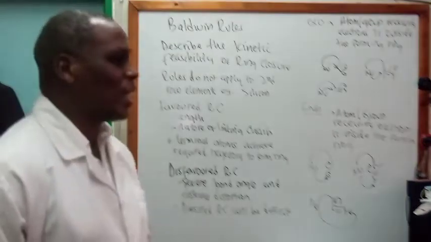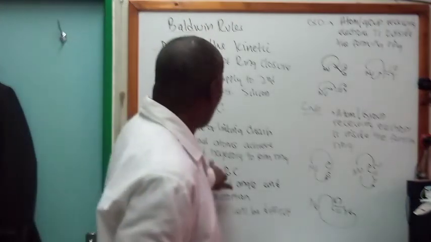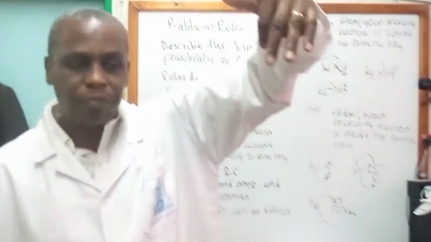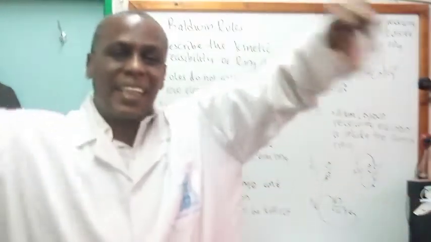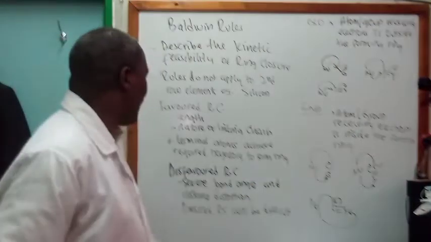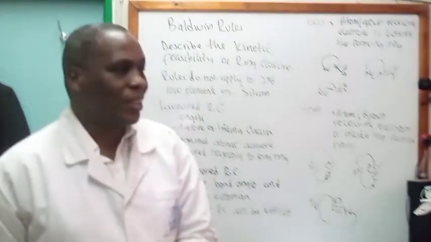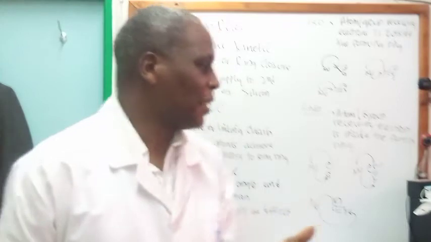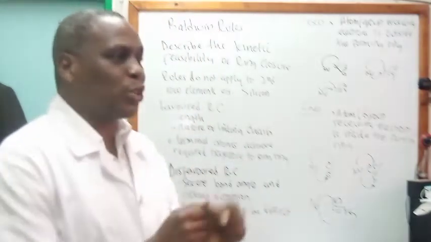So in this case, you're talking about the reaction between a nucleophile attacking an electrophile within the same chain. The chain needs to be sufficient, because it can be too short.